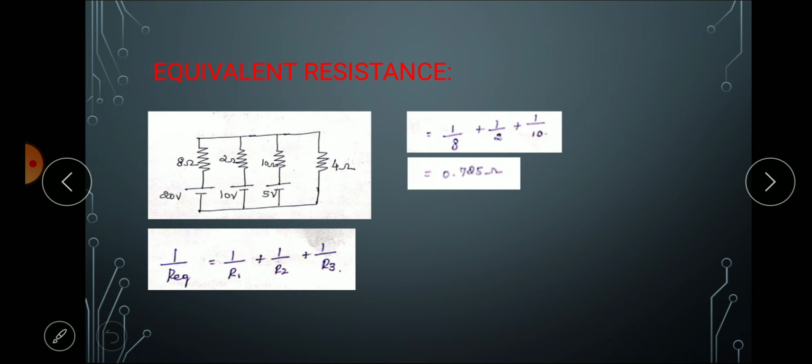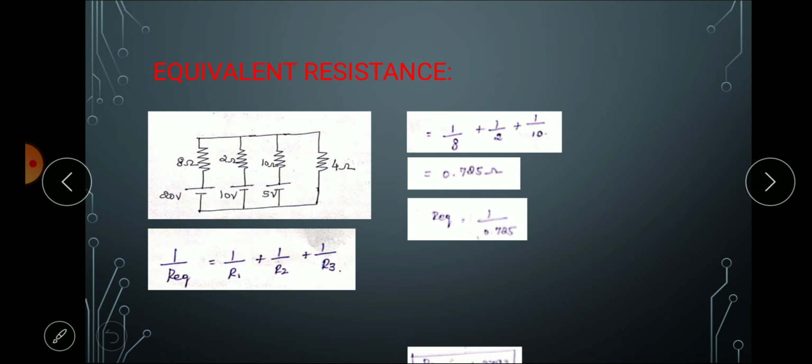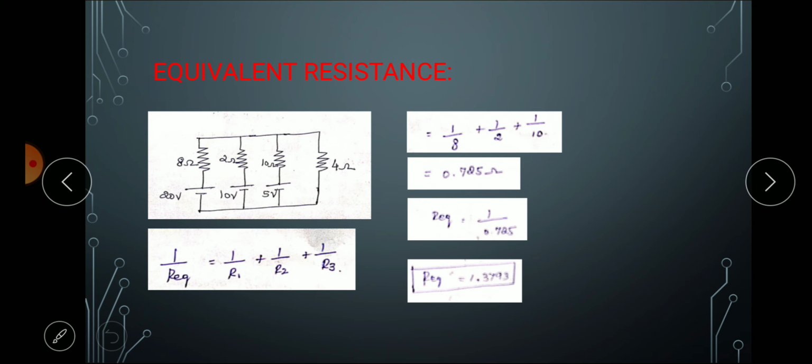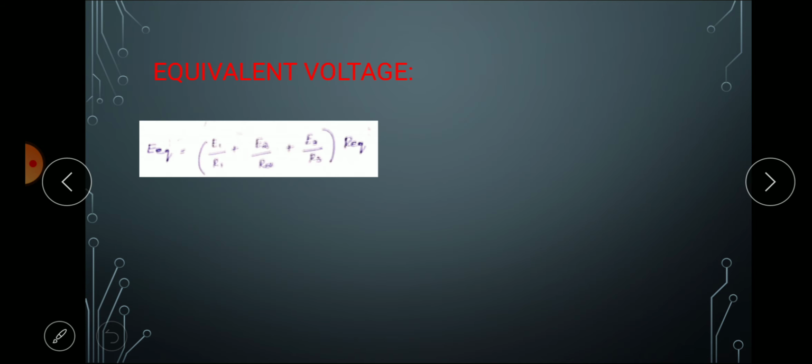0.725 ohm. Next we find the R equivalent value. R equivalent is equal to 1 divided by 0.725. The R equivalent is equal to 1.3793 ohm. Next we find the equivalent EMF of the parallel connected sources.